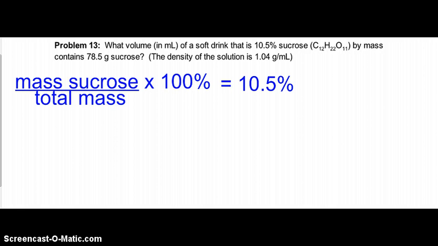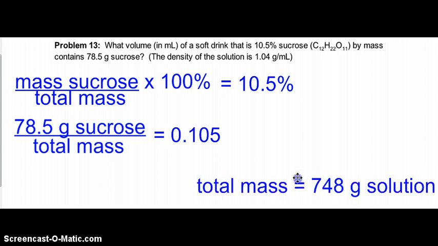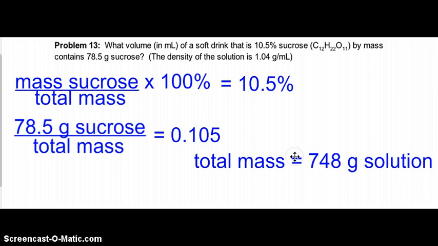So let's plug in those numbers that we know of. So we have 78.5 grams of sucrose over the total mass. Now what I did is I divided both sides by 100, and the percent signs cancel out. So that is equal to 0.105, and if you do your math right, you should have gotten the total mass of solution is 748 grams.